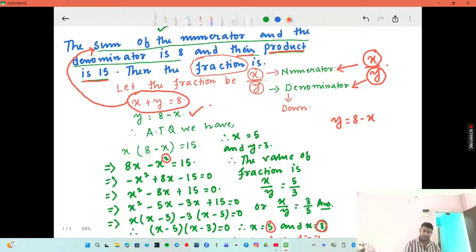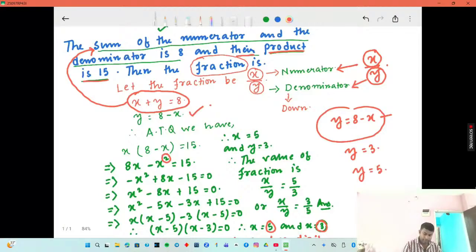When we are putting the value of x as 5 in this equation, we are getting the value of y as 3, and when we are putting the value of x as 3, we are getting the value of y as 5.